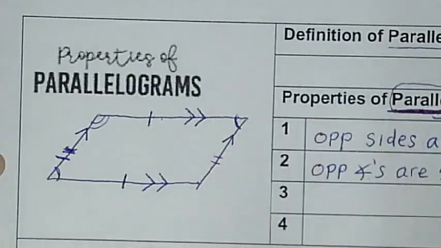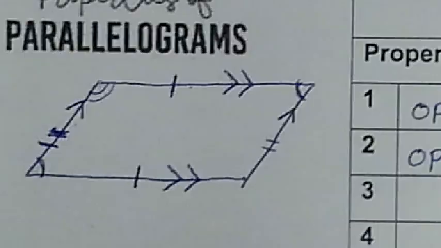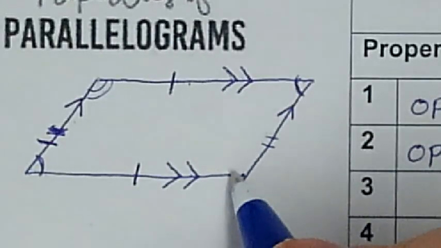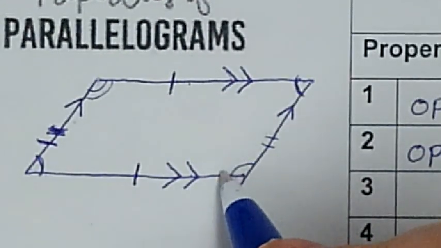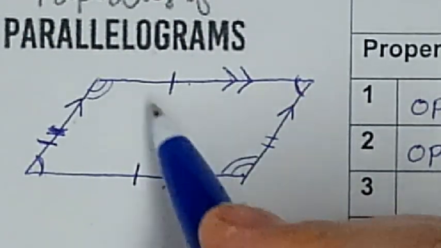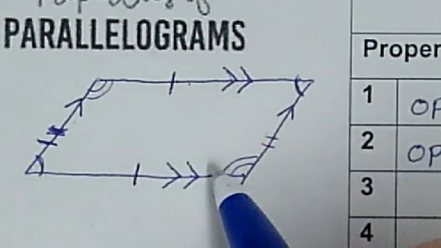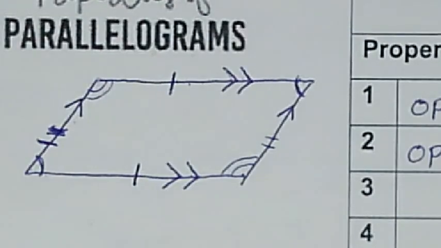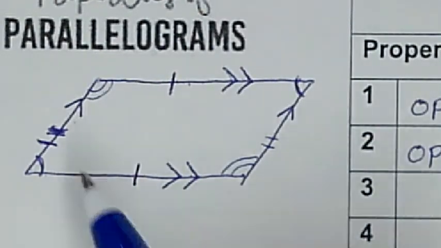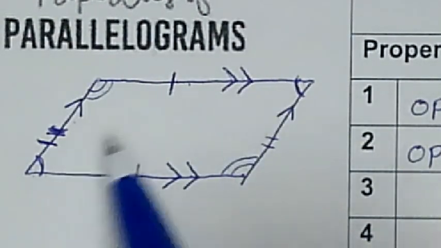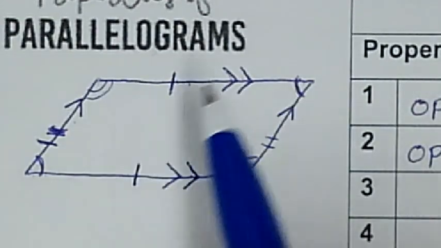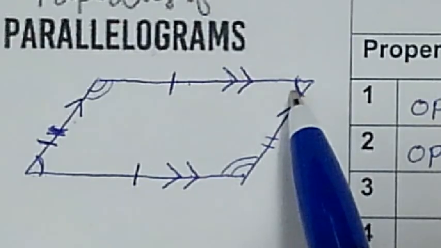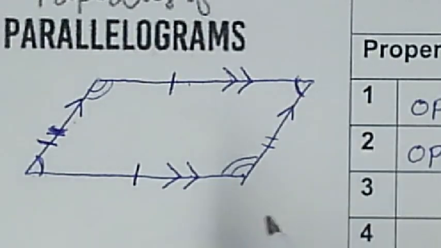Because when I put 2 here, and I put 2 here, what I'm saying is, these 2 angles are congruent to each other, but not congruent to these 2. Any questions with that? So that's when we say opposite angles in a parallelogram are congruent. Like if this were, say, 50, what would that be? And you'd say 50. Next.